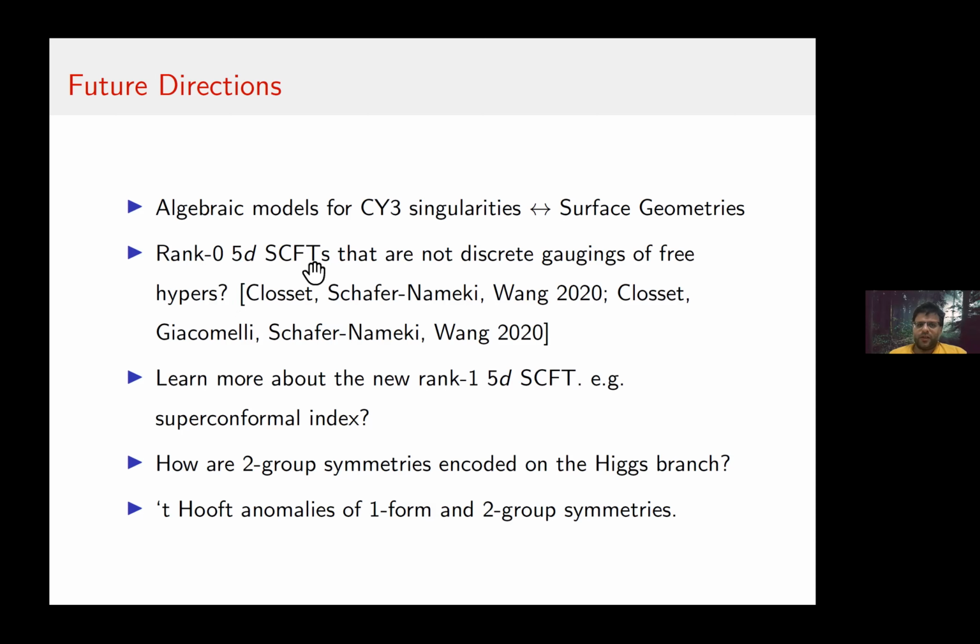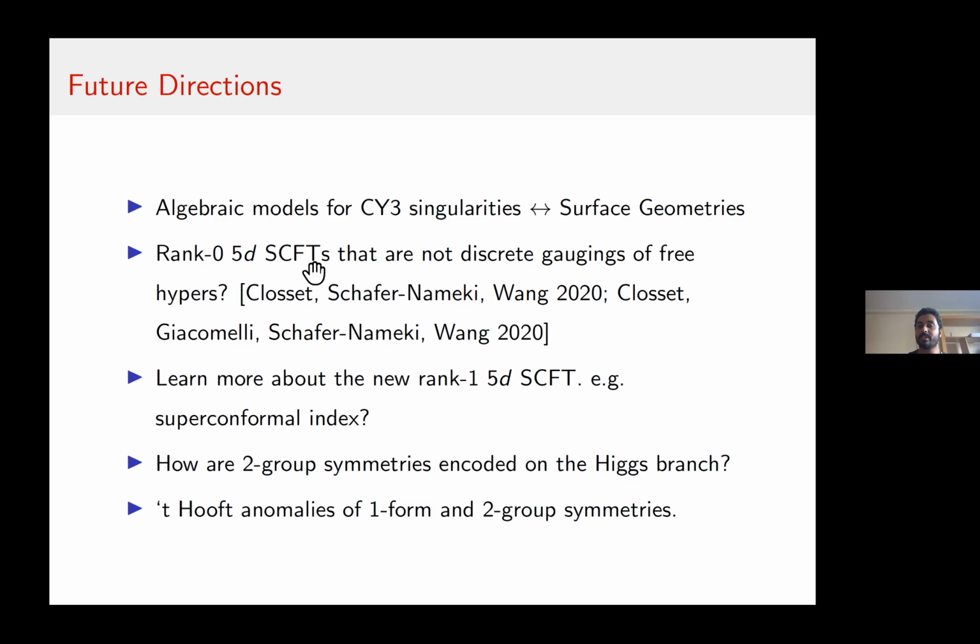And these rank 0 5D SCFTs, if you compactify them to 4D, would give rank 0 N=2 4D SCFTs? If they are not discrete gaugings of free hypers, would you expect them also not to be discrete gaugings of free hypers in 4D?